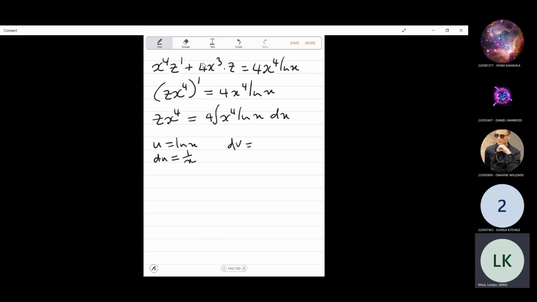Here dv is x to the power of 4 dx. Don't forget the dv and the dx here. And then we have v is equal to x to the power of 5 divided by 5.